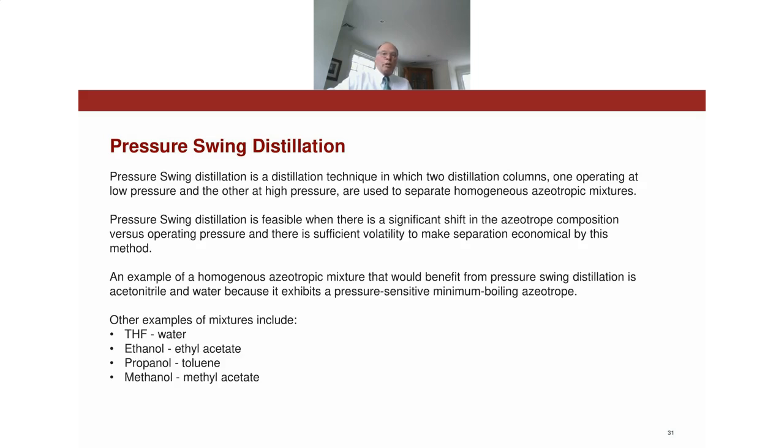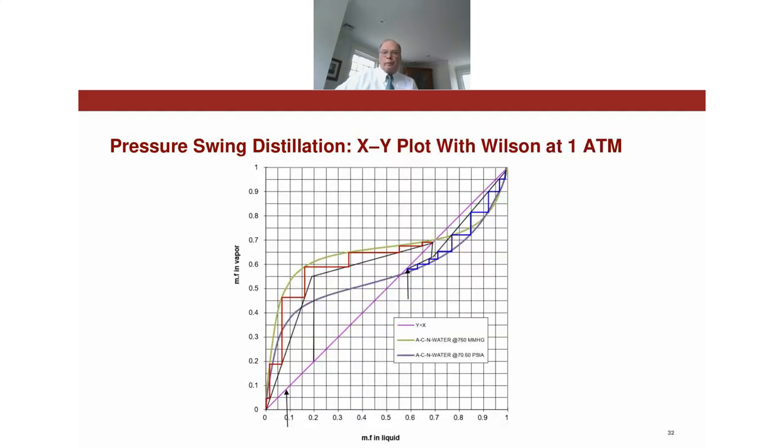It has to be a homogeneous mixture, though. Other examples of mixtures that we have separated where we used pressure swing distillation include THF, water, that's a fairly common one, ethanol ethyl acetate, propanol toluene, and methanol methyl acetate.